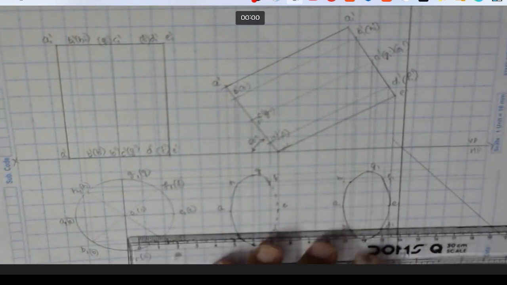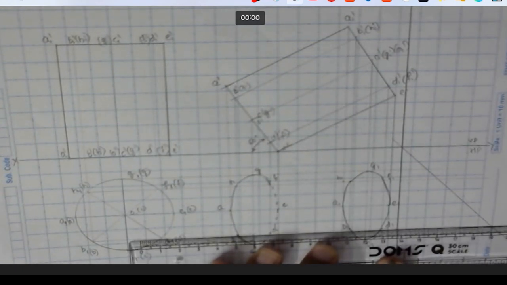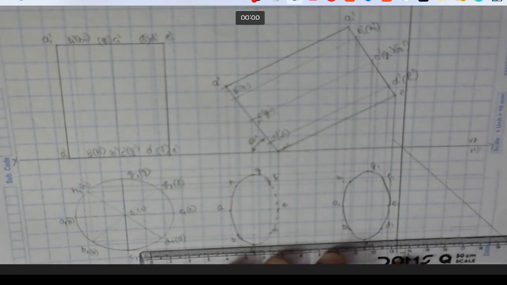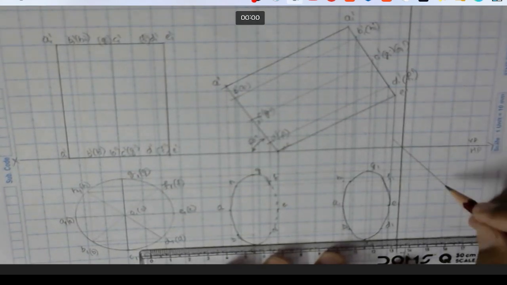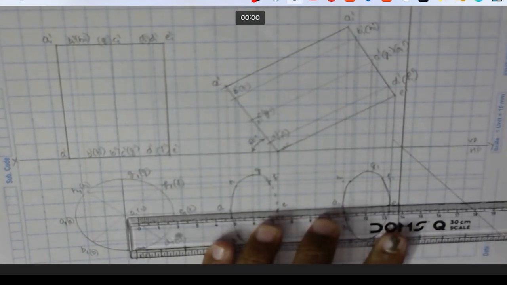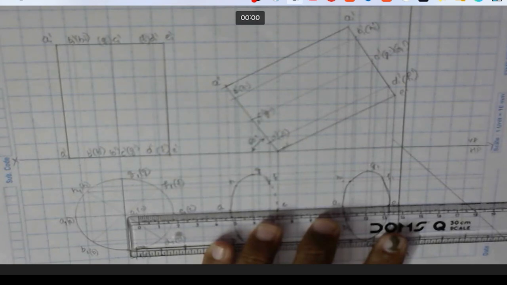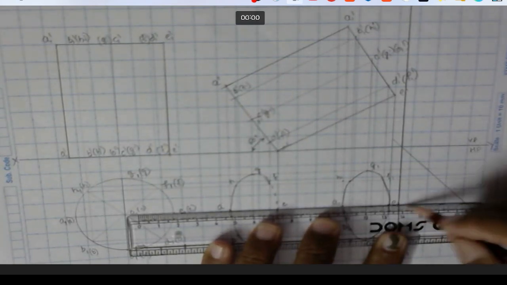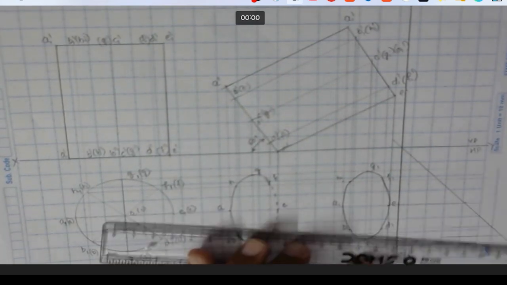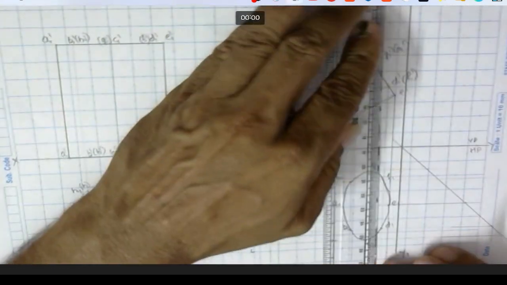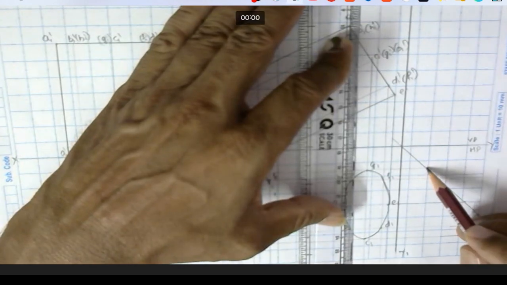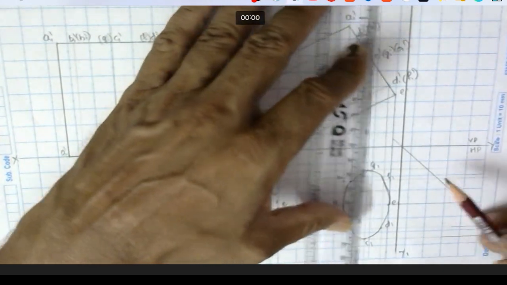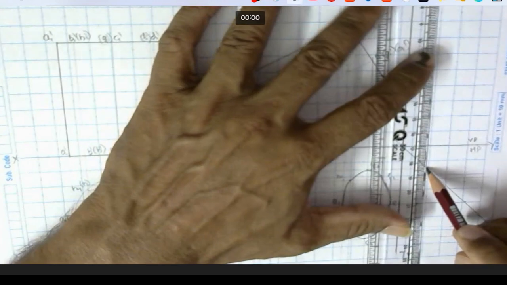So now extend these construction lines, horizontal construction lines, to touch this inclined line, 45-degree inclined line. Now produce back all these intersected point reference lines above XY line. Okay.